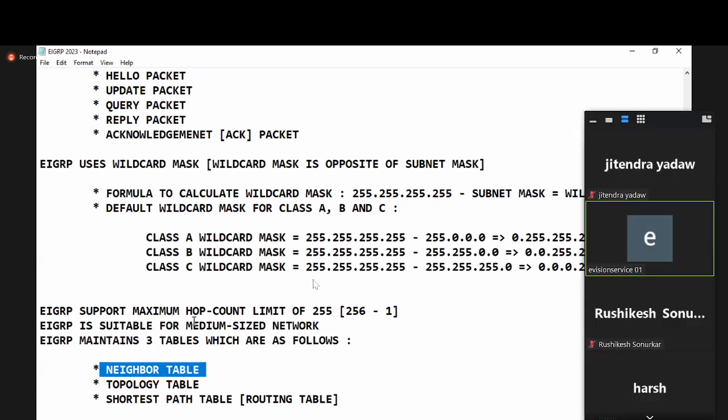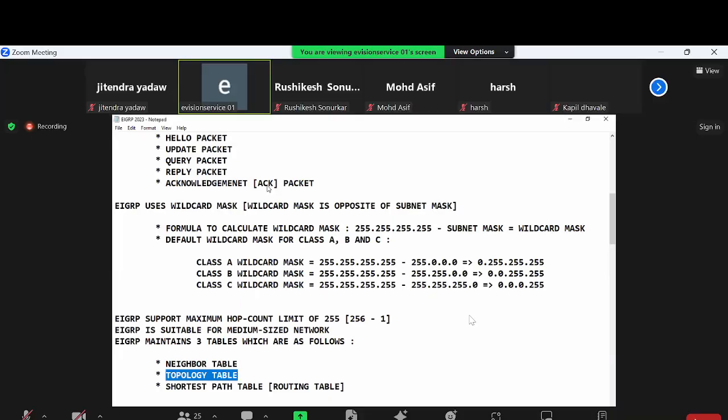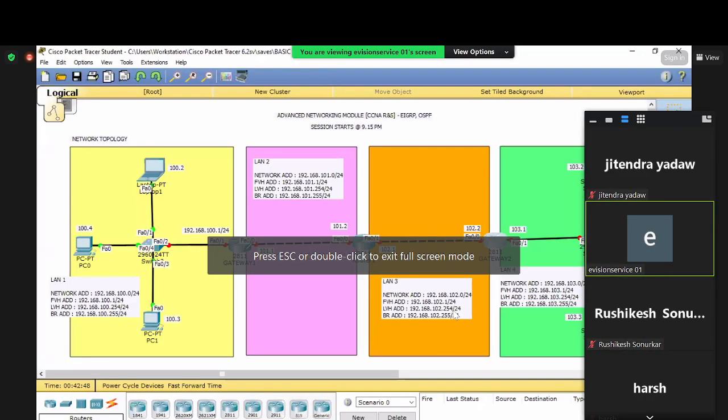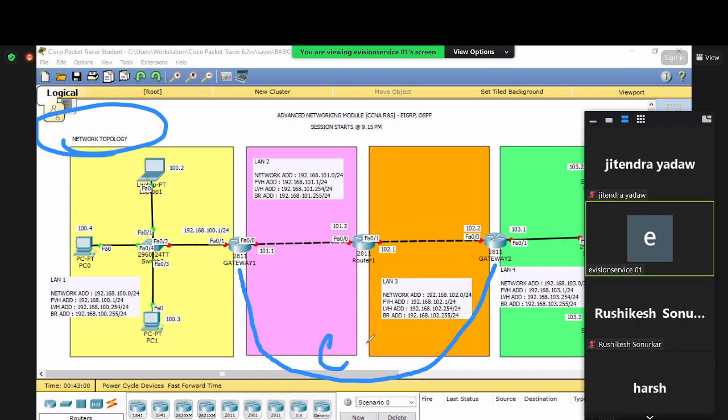फिर टोपोलॉजी टेबल basically contains informations about all the routes of your network topology. Okay, मतलब जैसे कि मान लो कि गेटवे 1 और ये गेटवे 2 दोनों डायरेक्टली कनेक्टेड है ओवर ए केबल.